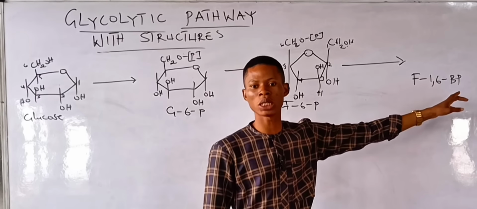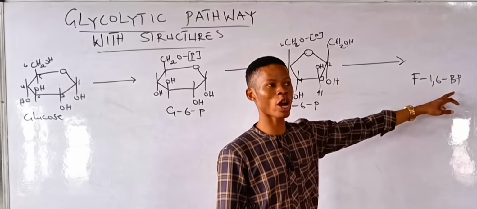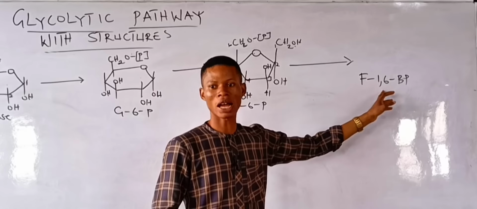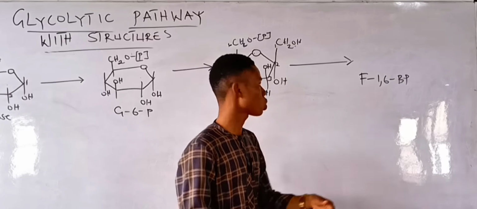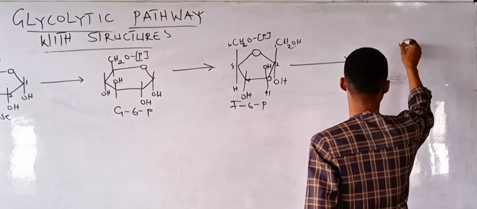1,6 bisphosphate means 2 phosphates, right? 1,6 means one phosphate is on position 1, and the other one is on carbon 6, is it not? So you just draw this structure of fructose 6 phosphate again.